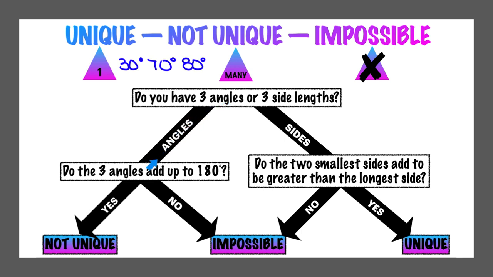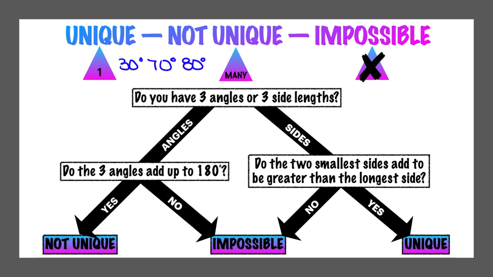So I go down this side where it says angles, and it asks, do the 3 angles add up to 180? Well, I don't even need a calculator for this. I know that 30 plus 70 equals 100, and then 100 plus 80 equals 180. So it is a yes, and it classifies as not unique.